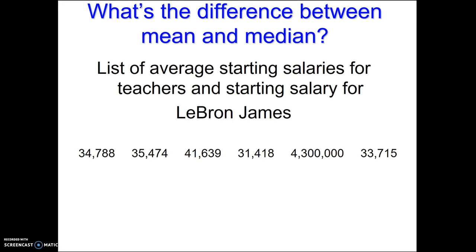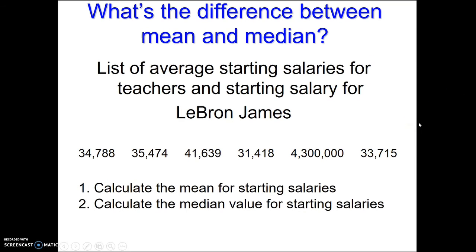But we're going to talk about mean and median and what that might represent. So what I would like you to do is, given the data set provided, I want you to do two things. Number one, calculate the mean for the starting salary, and number two, calculate the median value for starting salaries, and really think about, if you are a teacher, which one looks better and which one kind of distorts the truth.